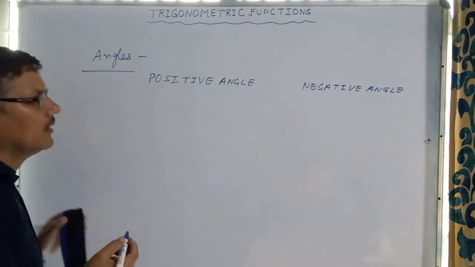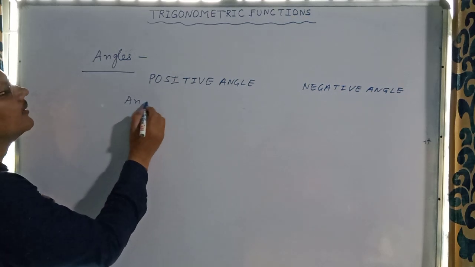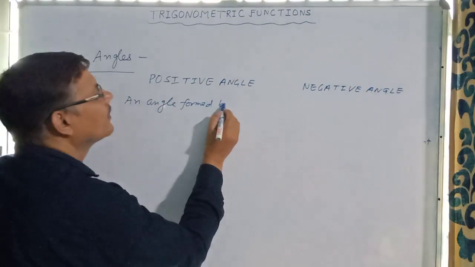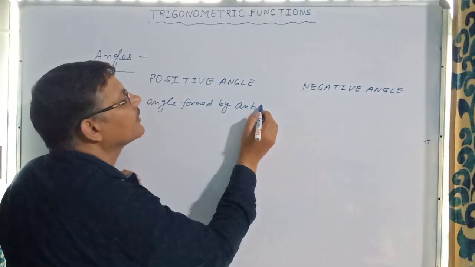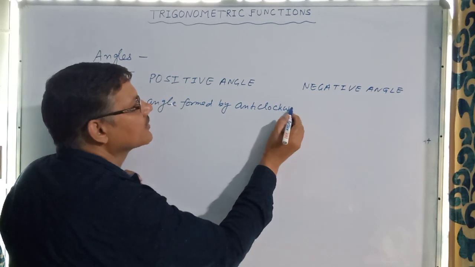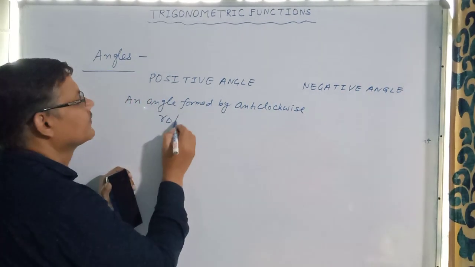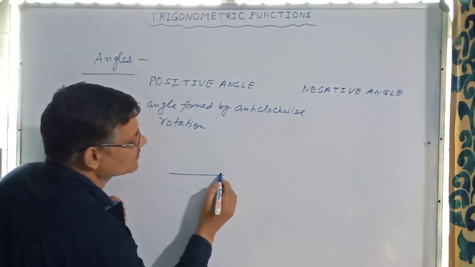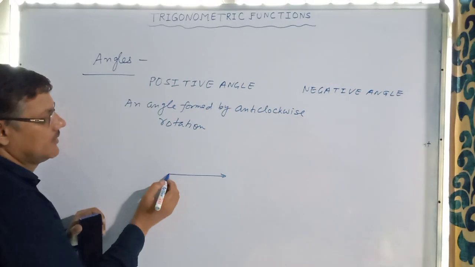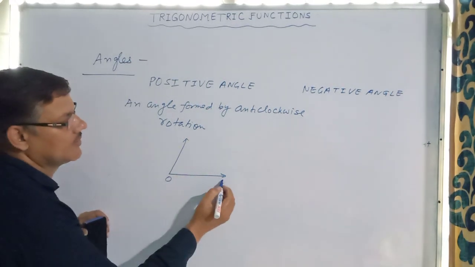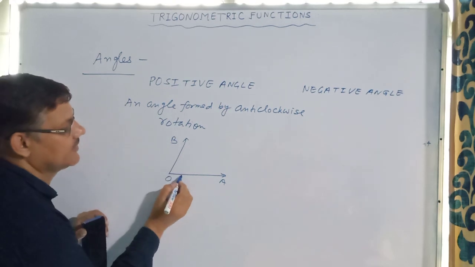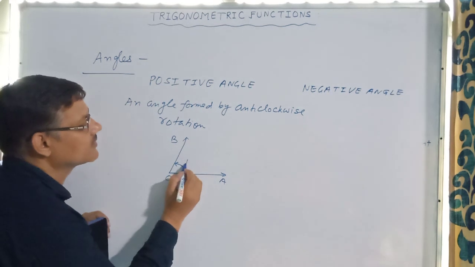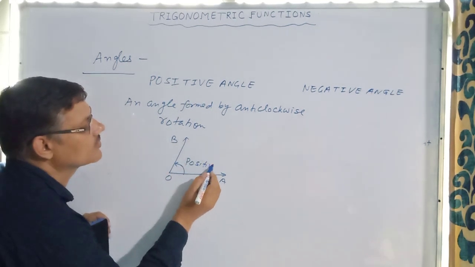What's about the positive angle? That is an angle formed by anti-clockwise rotation. So if this is the position of the initial side and this is the final position, and it rotates in this direction, so we start from initial to terminal, this is called a positive angle.